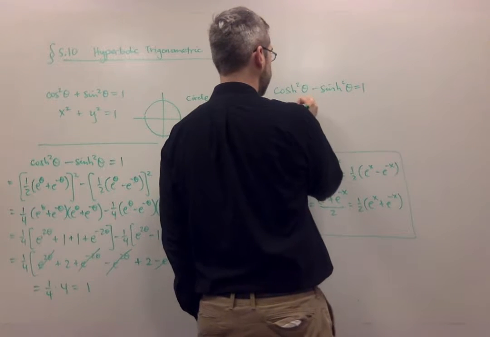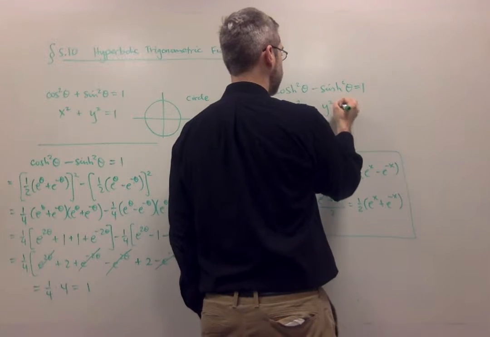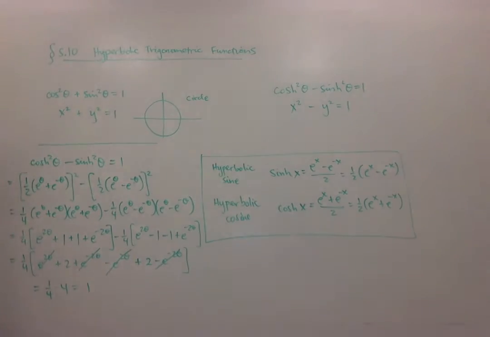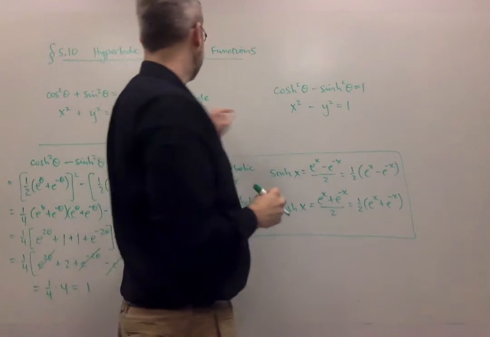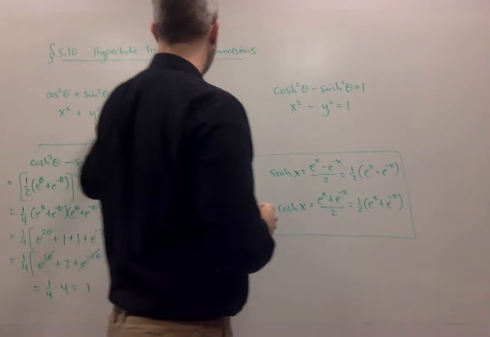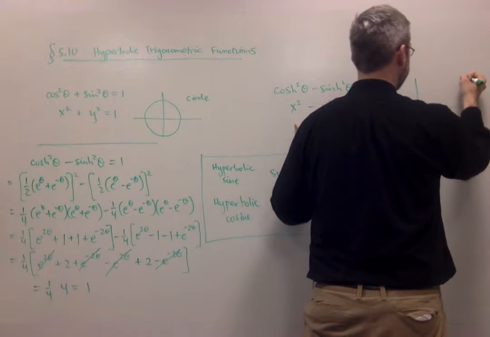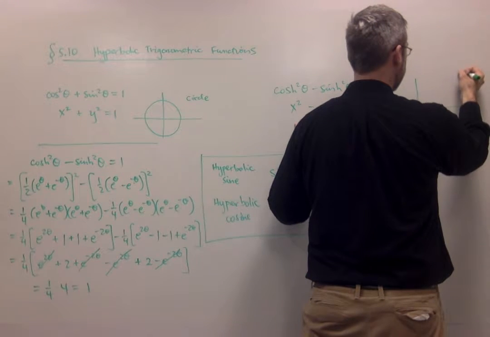Again, if I think of my cosh as an x and my sinh as a y, this formula right here actually relates to, just like x squared plus y squared equals 1 is a circle, x squared minus y squared is actually a parabola.